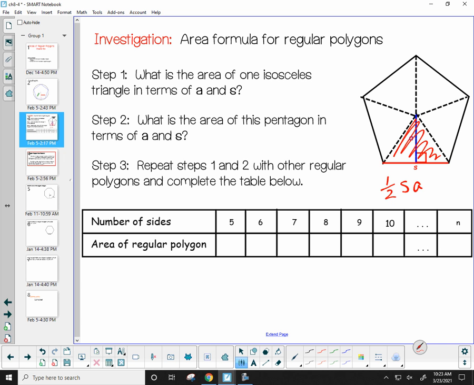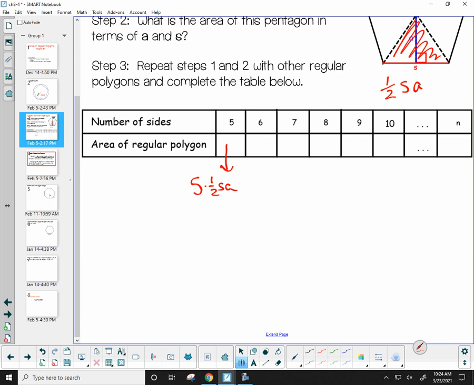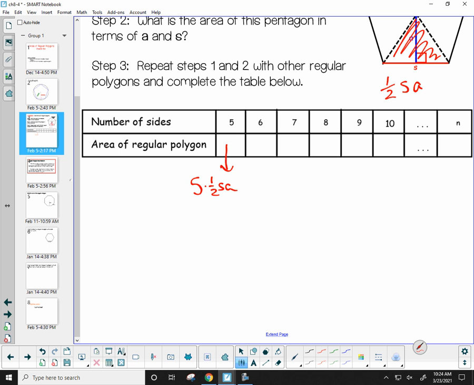But we have more than one triangle in this pentagon. How many congruent triangles do we have? We have 5. So if I wanted to find the area of a regular pentagon, I'd take 5 times 1/2 SA. What if I have a hexagon?